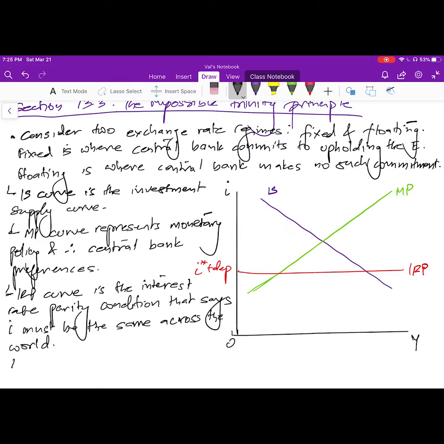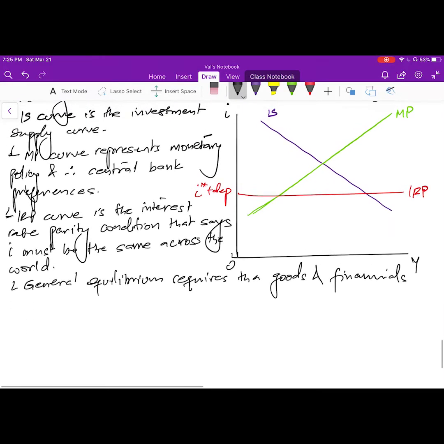So in this case, general equilibrium requires that goods and financial markets must be in equilibrium.